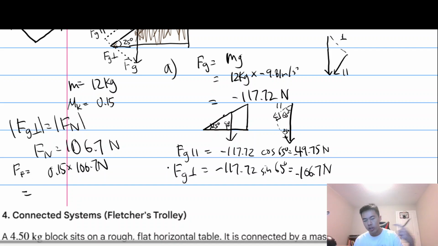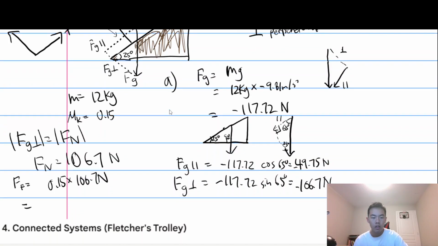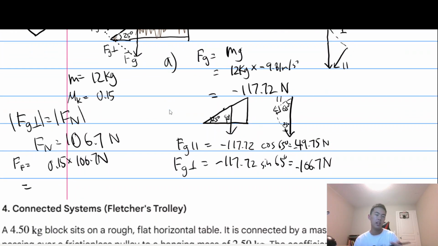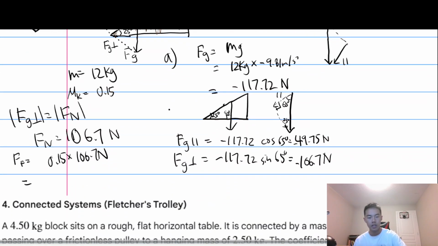And because this is going in the opposite direction, we've got to make this negative. Oh, we're making this positive, actually. Be careful. Yeah, because if we look at this, force of friction is going in the positive direction. It's keeping it up the ramp. So this is actually 16 newtons.